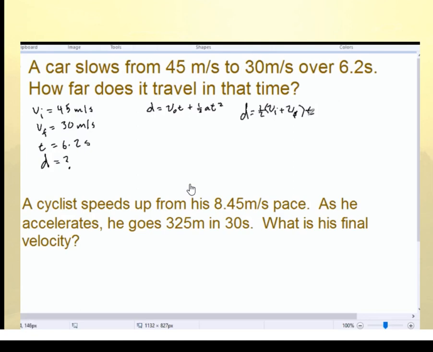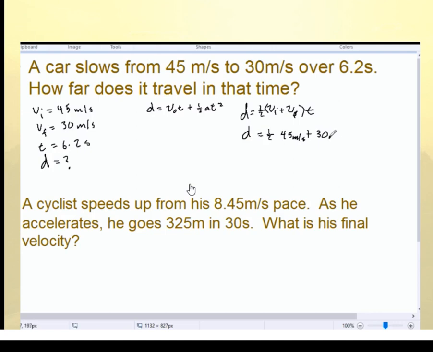So this would be a formula that we could use on this one. Let's see what we've got. d equals 1/2. vi is 45. Now in this case it doesn't matter if you switch them around because they're just added together. But in some cases it'll matter if you get vf in the wrong place or vi in the right place or what have you.